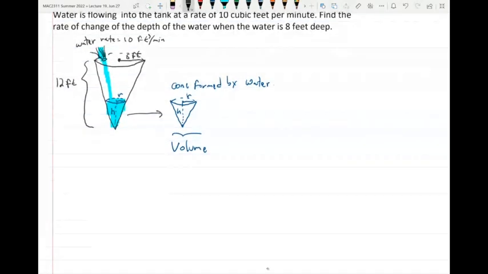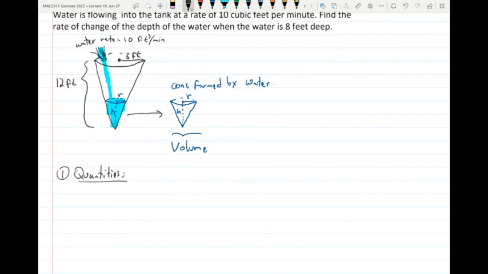So what are the quantities in this problem? First of all, does everybody understand that these three quantities all depend on time? As time passes, there is more water coming in, and this is growing, right? So we have R, which is R of t, and this stands for the radius of the cone formed.